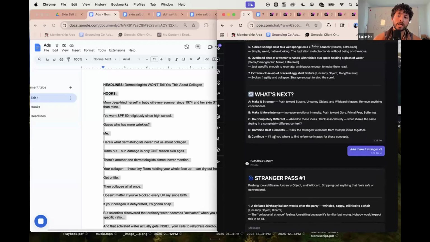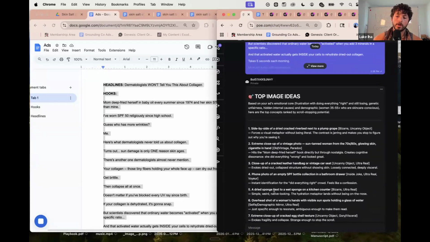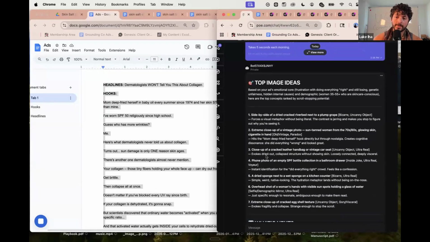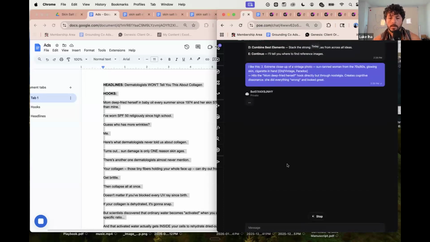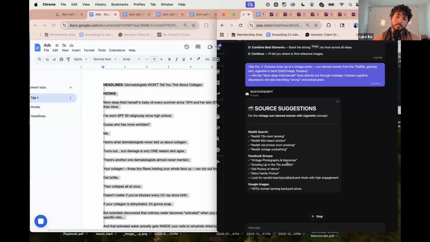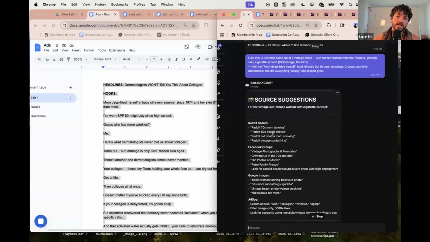Cool. So this should be giving different ideas of things that you can do. I kind of like this idea of the vintage photo. So you just tell it, I like this. So it's going to tell you to go and look in Facebook groups, Google Images, AdSpy, or Reddit search.